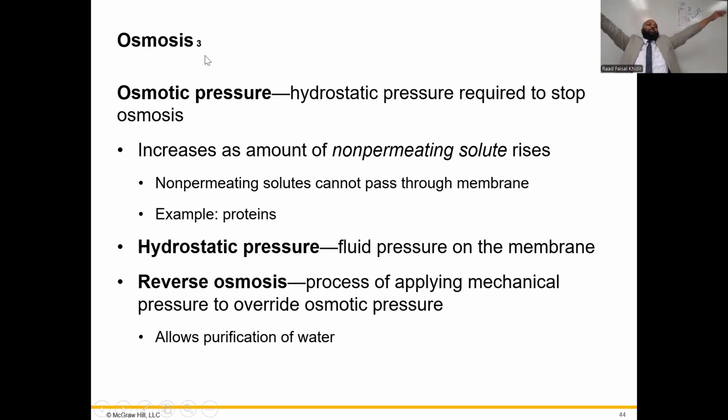Okay, osmotic pressure. Osmotic pressure is the driving force. So now the same example, but now you don't have permeability to glucose.